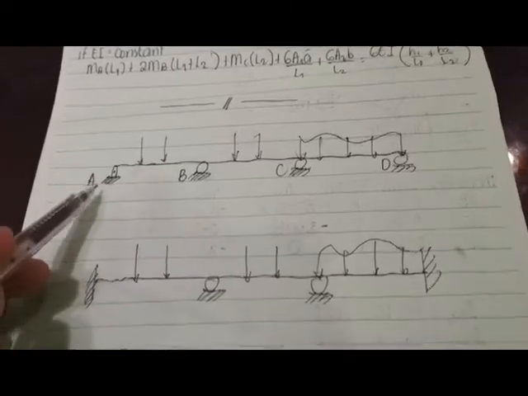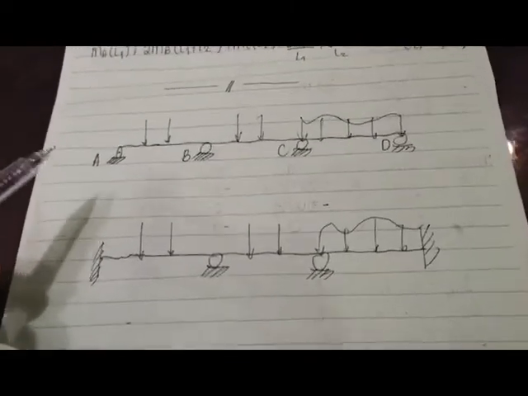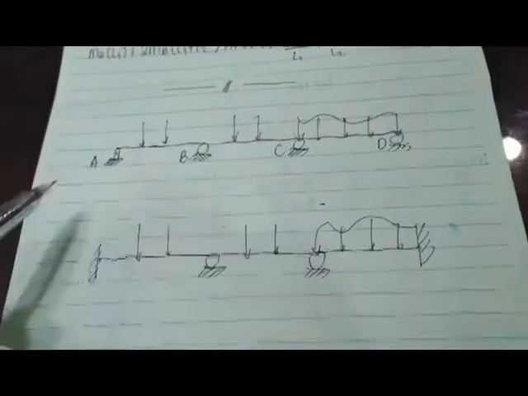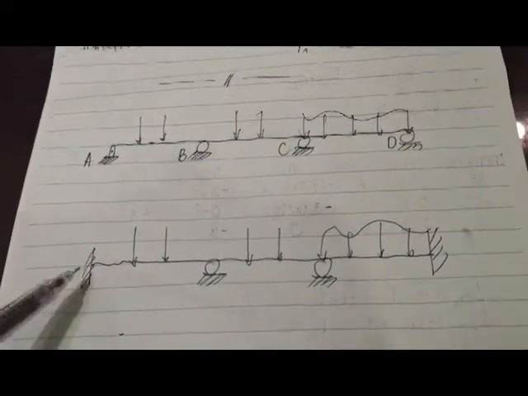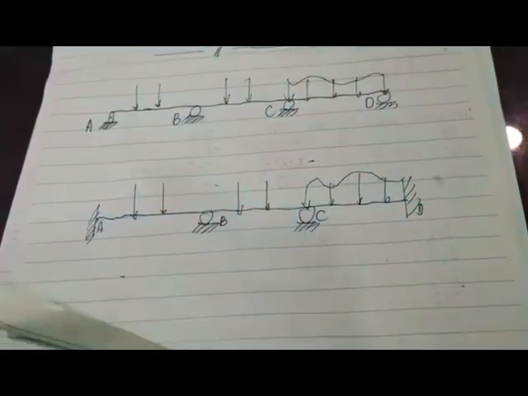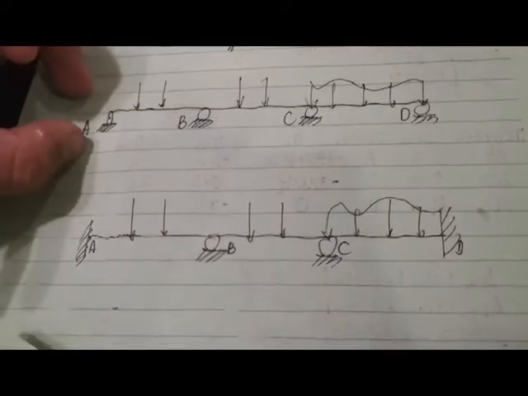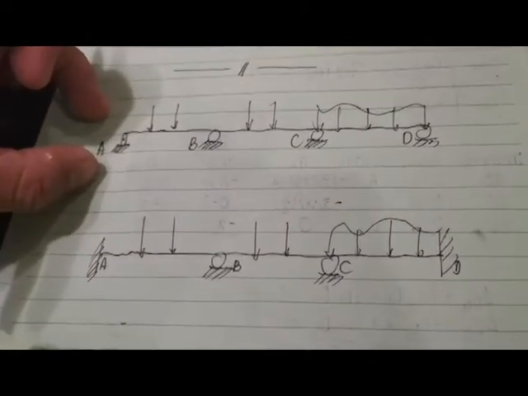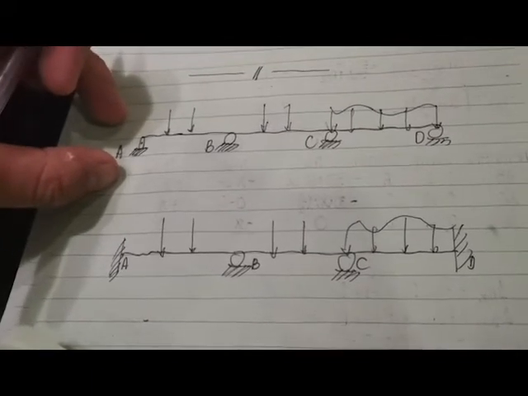So you're given a continuous beam, where both ends A and D are simply supported. And the second situation, let's say A, B, C, and D are somewhat the same, but points A and D are fixed. So let's look at the first figure first.